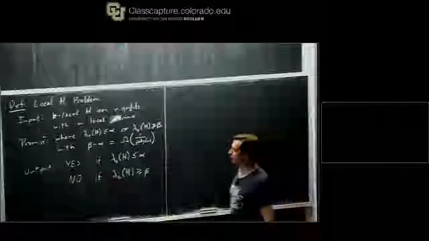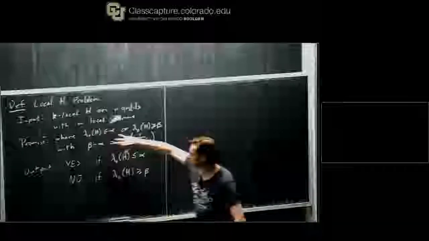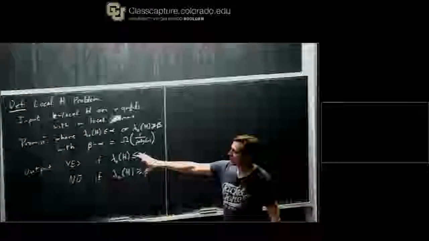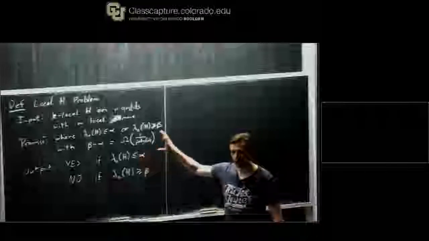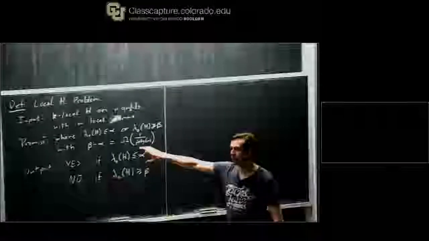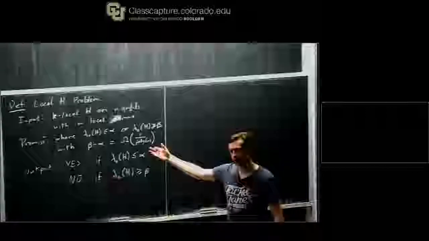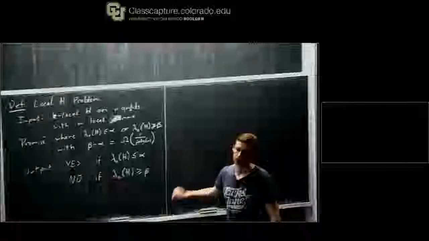A few remarks are in order about this problem. Firstly, forget the promise for a moment. I've formulated this as a decision problem, but if I had a magic box or an algorithm that could solve this problem, this would let me, with only polynomial effort, estimate the ground state energy to within 1 over poly precision. I just do the binary search type thing that I talked about with factoring.